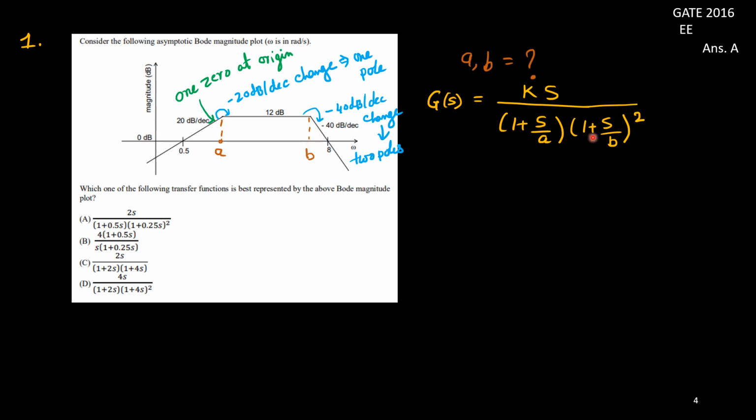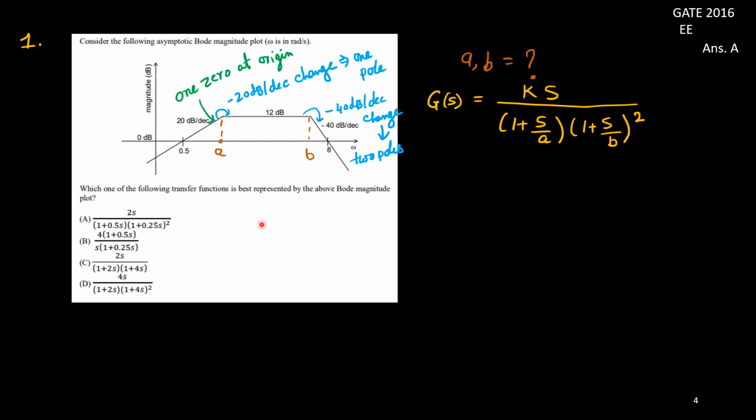Means I should have the function 1 plus s by b, squared, and for this one I have the function 1 plus s upon a, one pole at s equals minus a, and here I have two poles at s equal to minus b. That's how we have the square here. So this plot should have this kind of G(s): 1 zero at origin, one pole at s equal to minus a, and two poles at the same place, s equal to minus b.